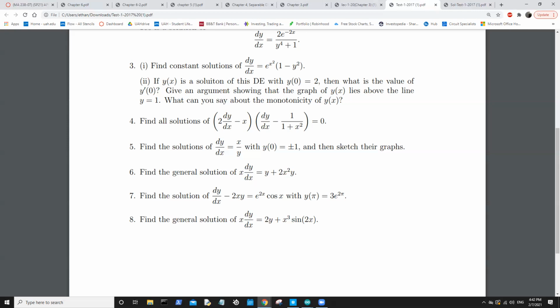If this is the case, that means our p of x is equal to negative 2 over x. Therefore, our mu of x is equal to e raised to the integral of negative 2 over x.